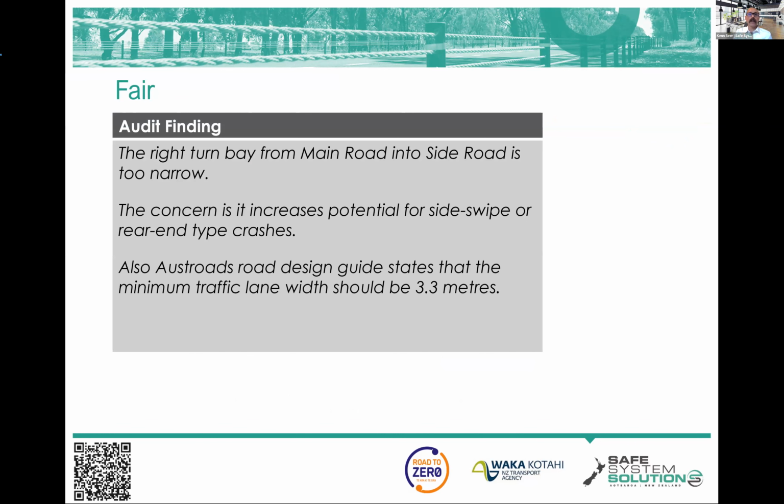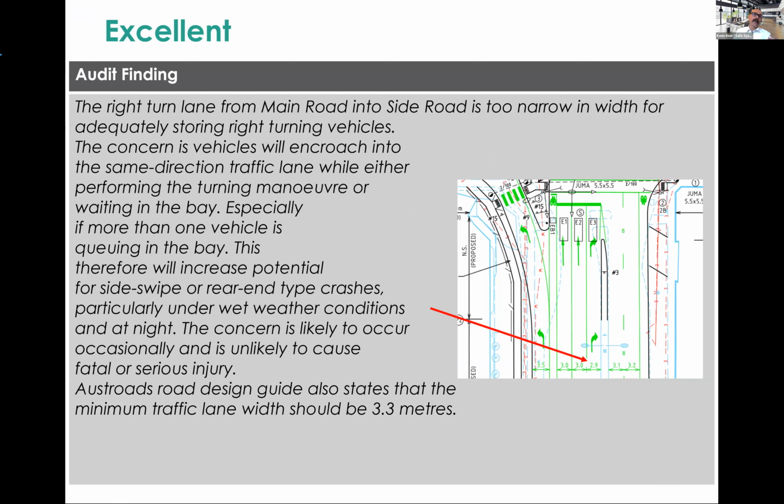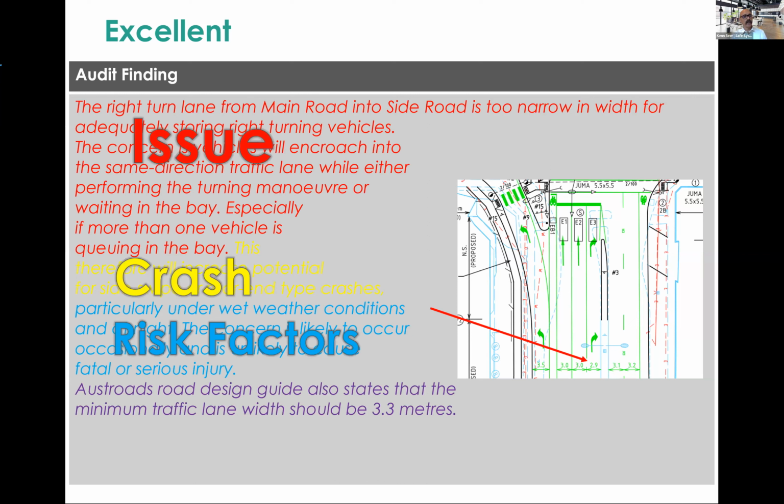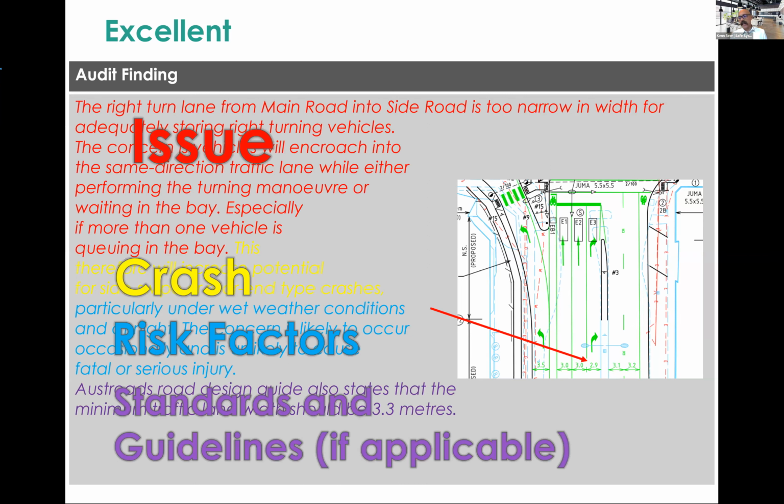Austroads has some specifics on that. But what we're thinking of as excellent, you can see it's fleshed out. We've got the nice snip. I now know exactly which right turn bay we're talking about, and I can see what's going on. It's being done there in the formula of issue, crash that could happen, risk factors, and standards and guidelines if they're applicable.